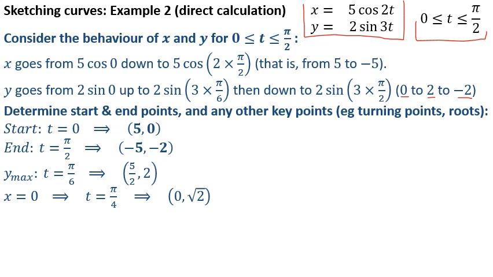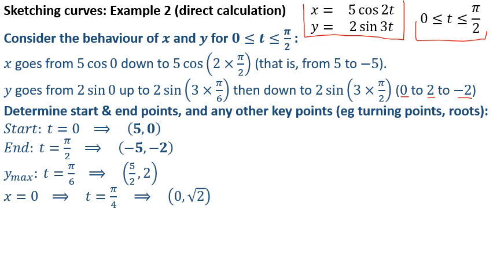The other thing to look at is roots or intercept points. And just like with any other graph you've ever drawn, if you want to find out where the curve cuts the y-axis, you set x equal to 0. And if you want to know where it cuts the x-axis, you set y equal to 0. The only difference here is that when you set x or y equal to 0, you're left with an equation in t. So you solve it, you find t. And then you have one extra step where you have to put your value for t into the other one.